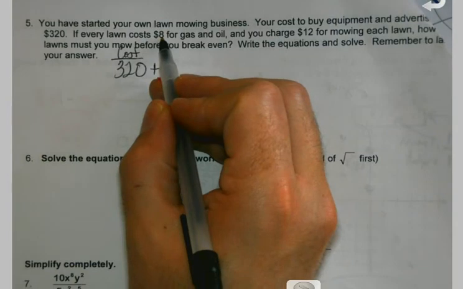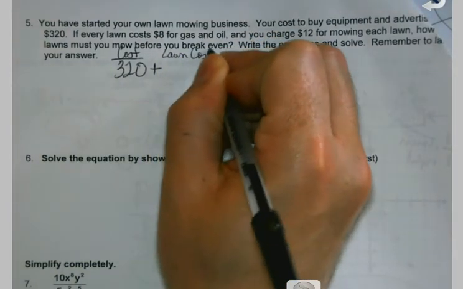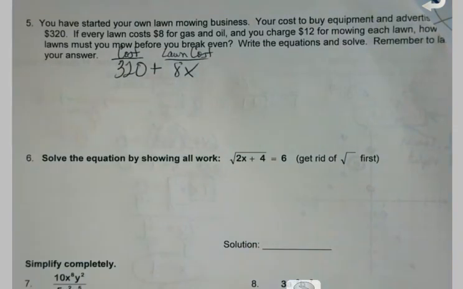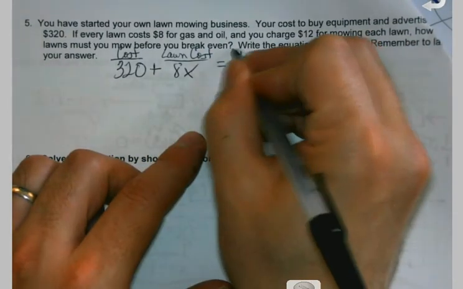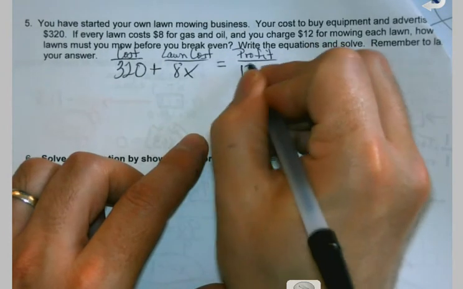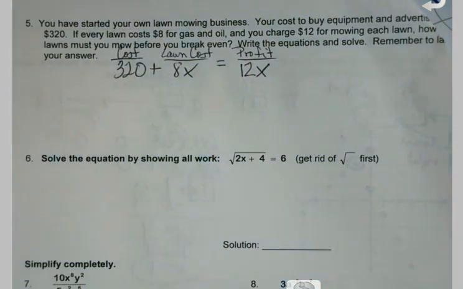Every lawn that I do costs me 8 times the number of lawns I do. So if I only did 2 lawns, I'd plug in 2 for x. If I did 10 lawns, I'd plug in 10 for x. And then that's going to equal what I'm making or what I'm charging, which is $12 times every lawn that I mow.